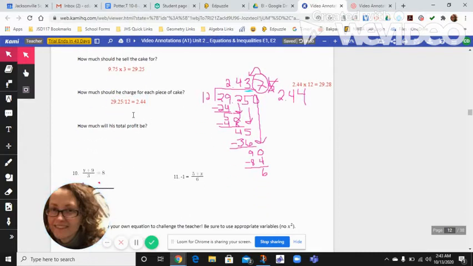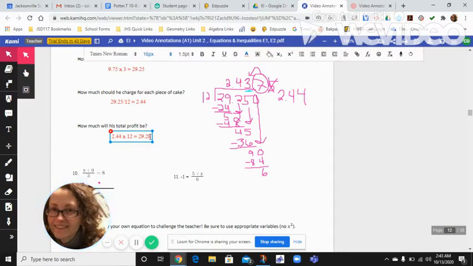Now, because I did round, I can't simply take my $29.25 as how much money he's making off the cake. Because of that rounding, I need to take my $2.44 and multiply it times 12, and that'll actually give me $29.28 as how much he's going to sell the cake for.